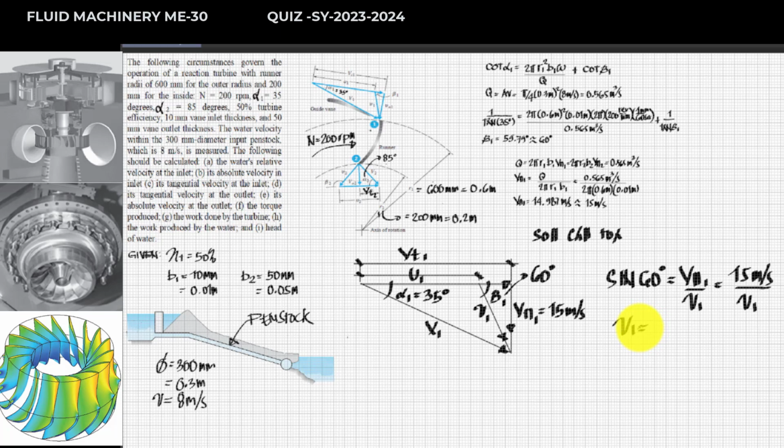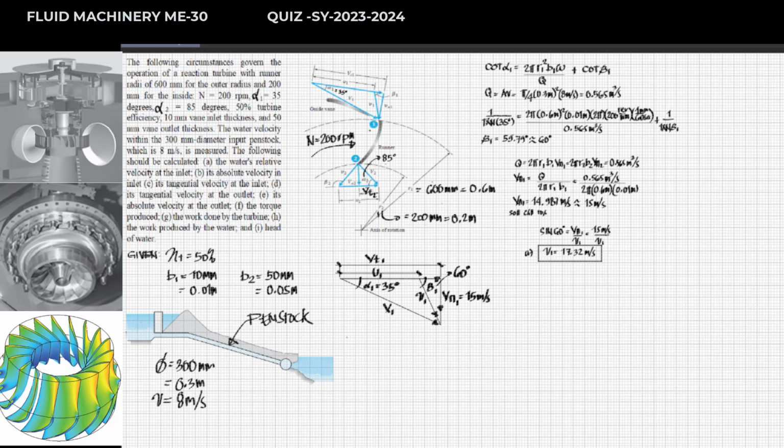We may be able to determine that the relative velocity is equal now to 17.32 meter per second. Okay, next, we need to determine the absolute velocity in the inlet. So, the absolute velocity, if you're going to check the velocity triangle, ito yun, no?